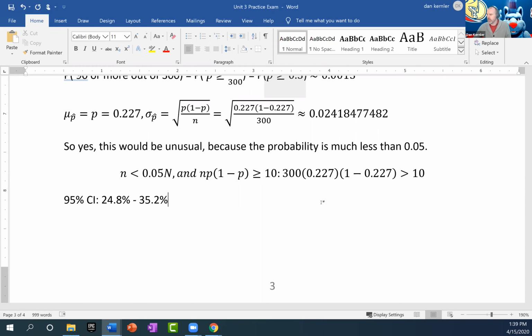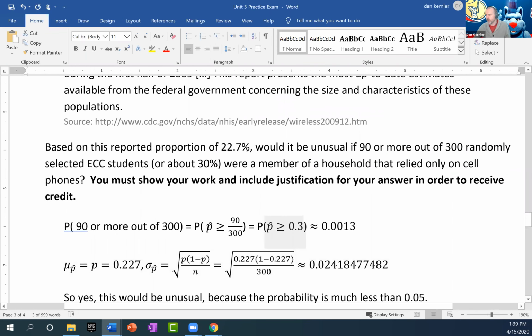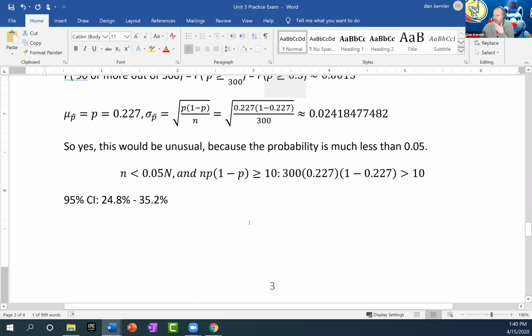You'll notice that we think it's between 24.8 and 35.2 for ECC, and the national population proportion was 22.7%, and so ours is higher than that. So it probably would be unusual because it looks like it's different from that. That's a little bit different way to look at it.